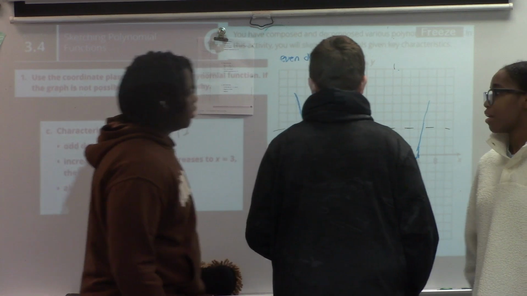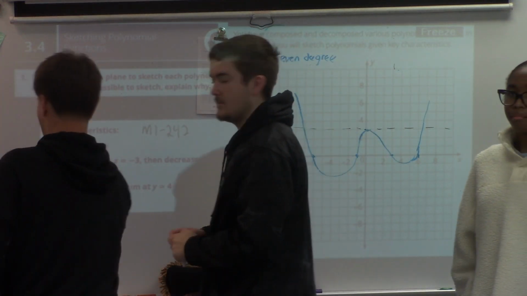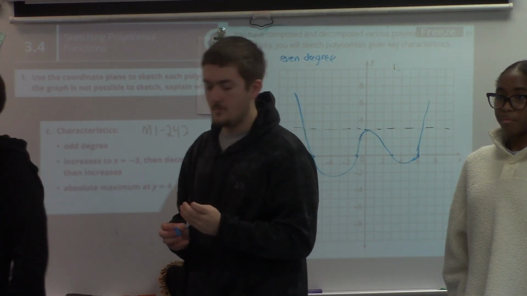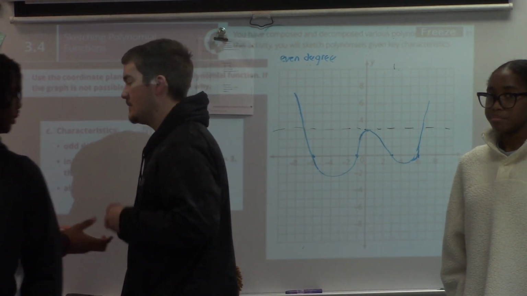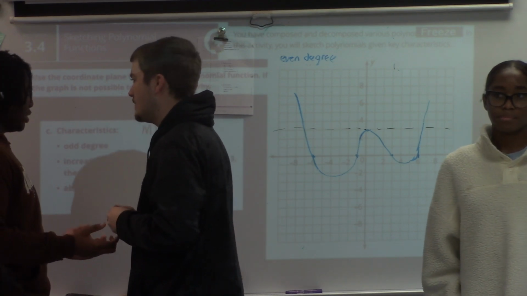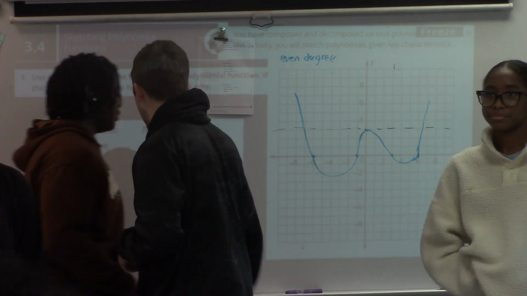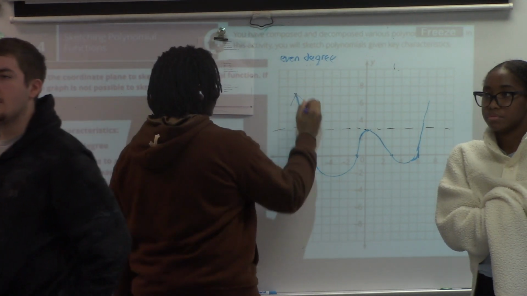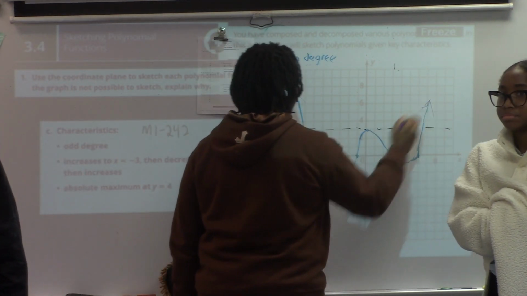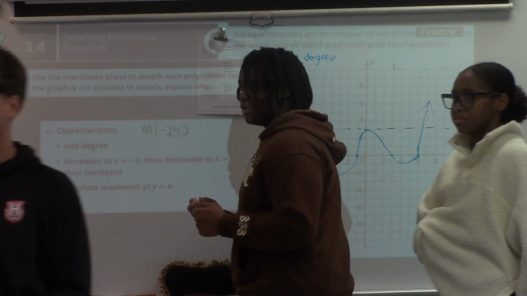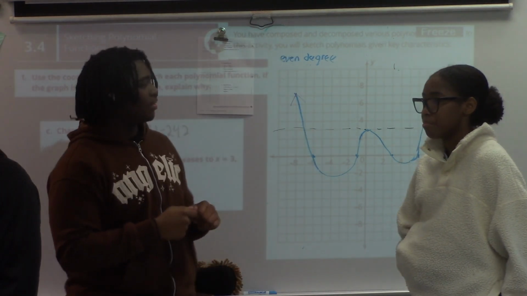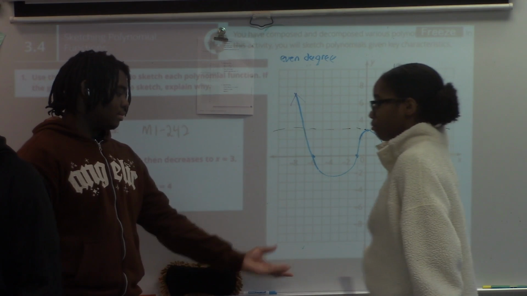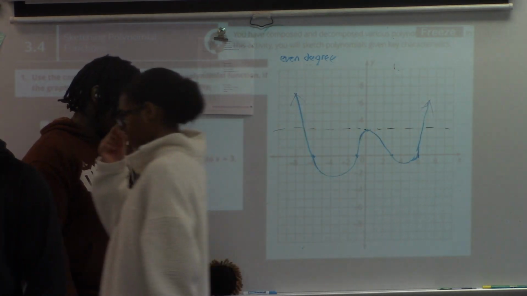No. I want to point this group out because this group did do something different, and I kind of thought outside the box on it, so I kind of gave it away. But is what they did acceptable? Because when I look around the room, all of y'all's polynomials are what degree? 4th degree. More than likely, because it has 3 extrema. But is what they did, or what they have right now on their graph, acceptable? Why?